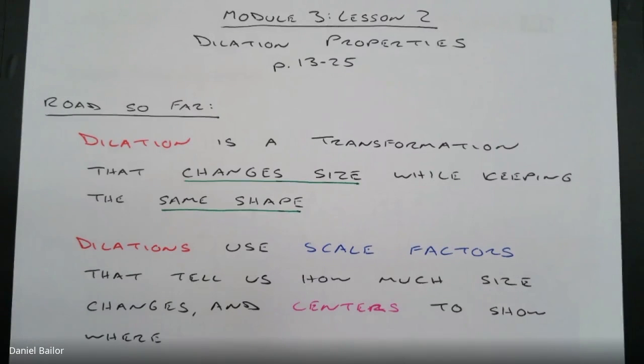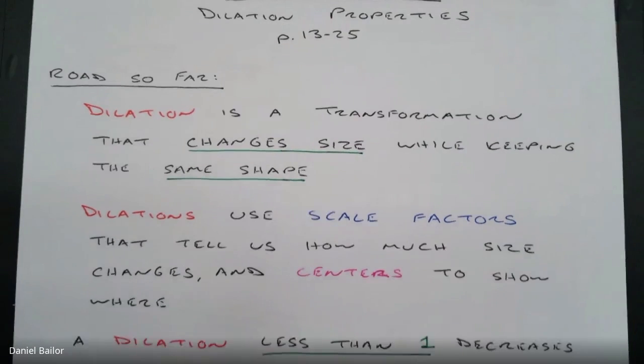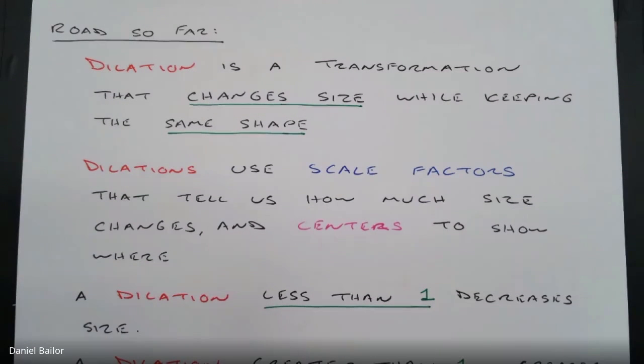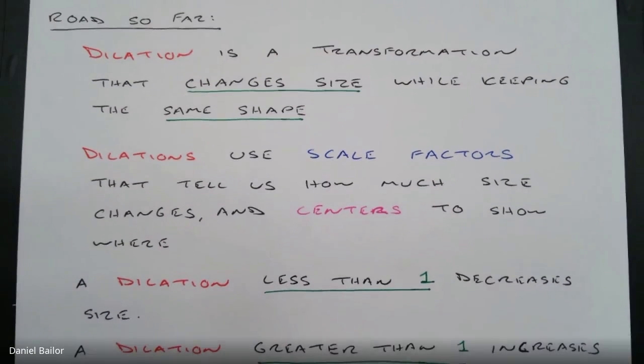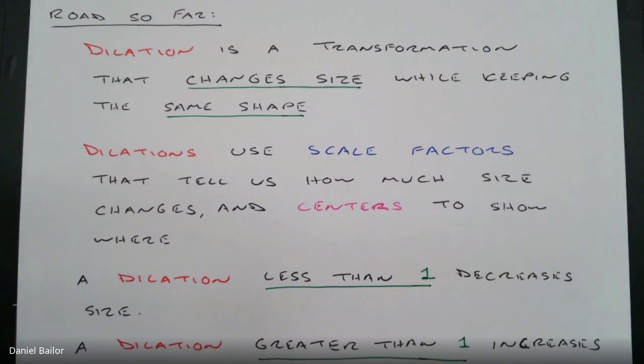And just like all transformations, dilations follow rules. Like a translation follows a vector, a reflection follows a line, a rotation uses points and degrees. A dilation uses what we call scale factors. The scale factor is what tells us how much the size changes.